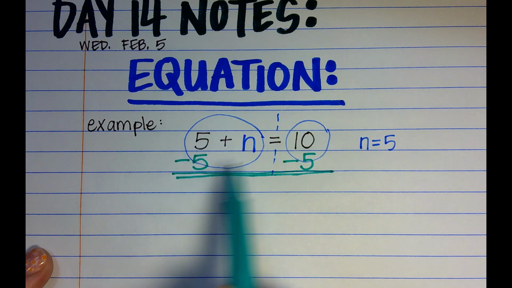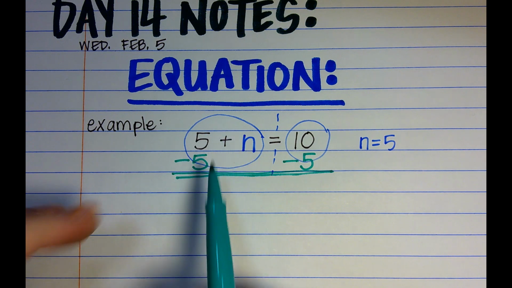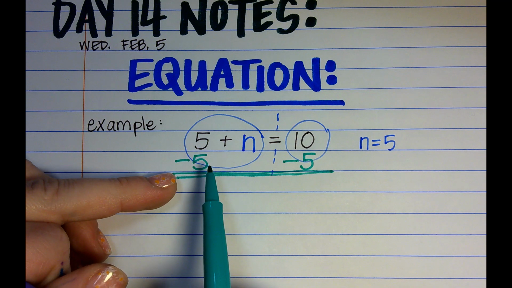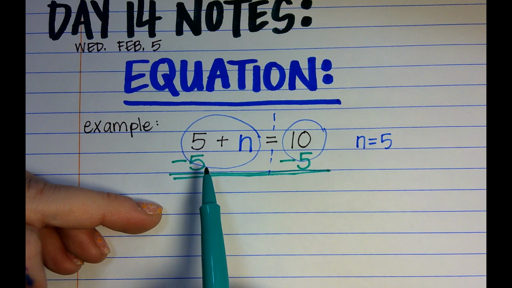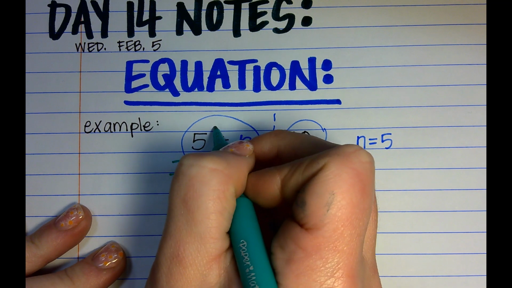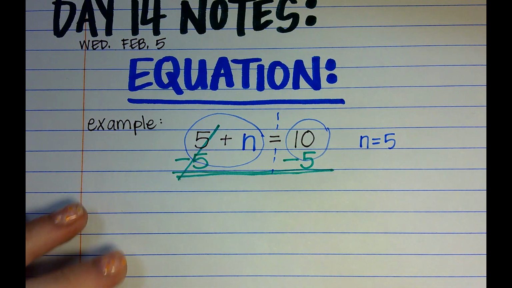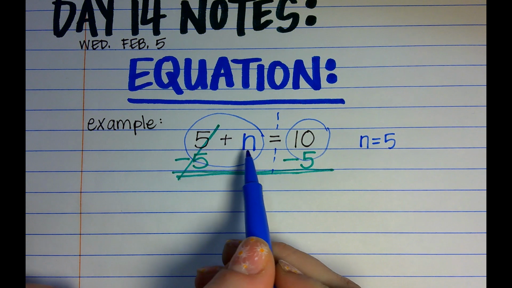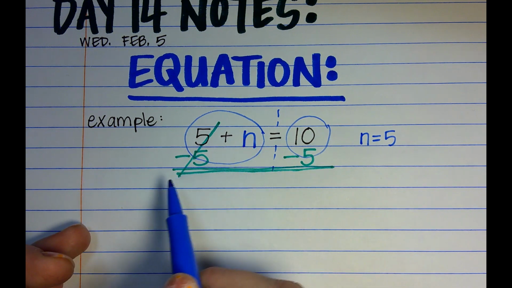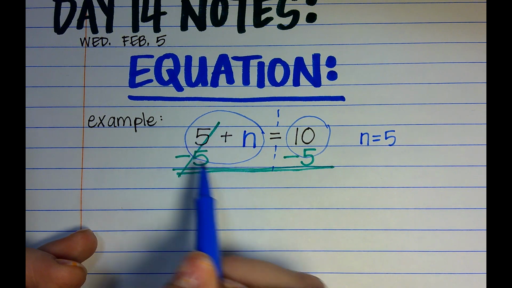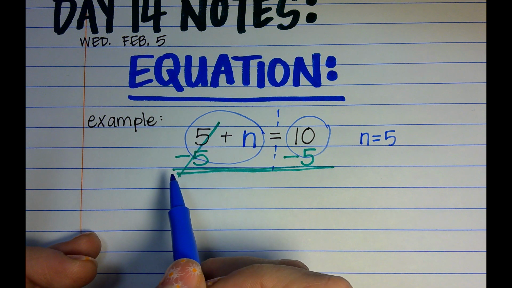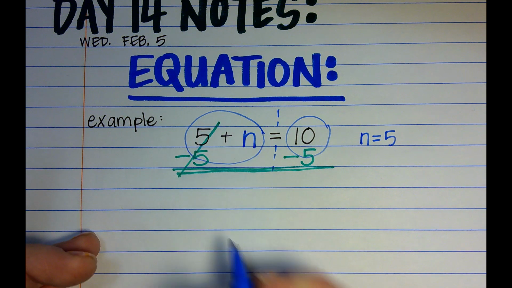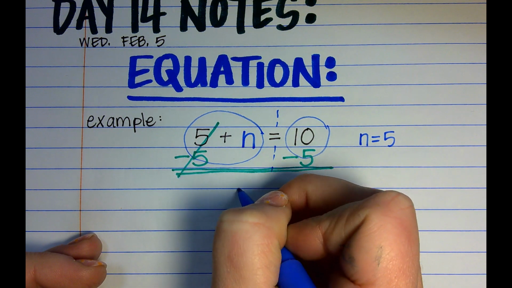So what happens on this side of the equation is that when I do 5 minus 5, I get 0. So we say that these 5s cancel out. So we cross them off. We got rid of the 5. Then we're going to bring everything below the line we drew. On this side of my equation, my 5s are gone, but I still have n. So I'm going to bring down my n.